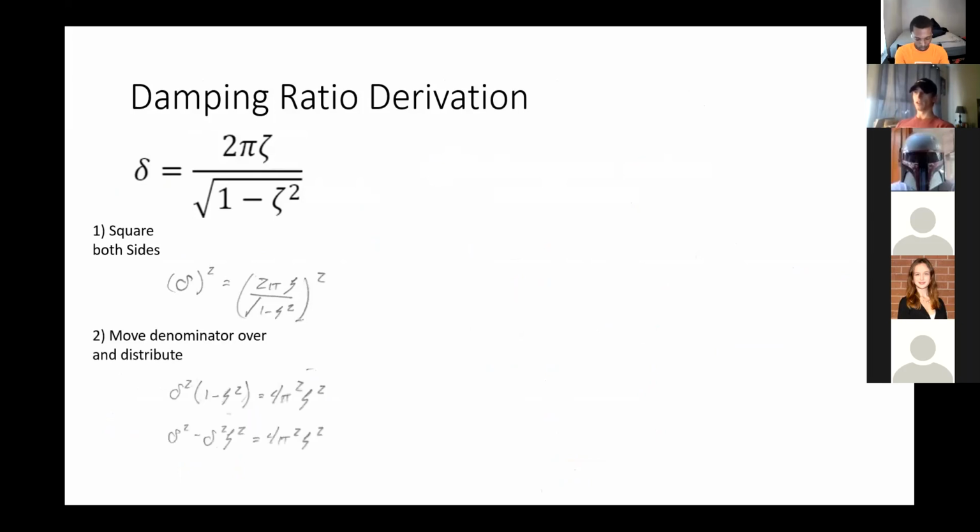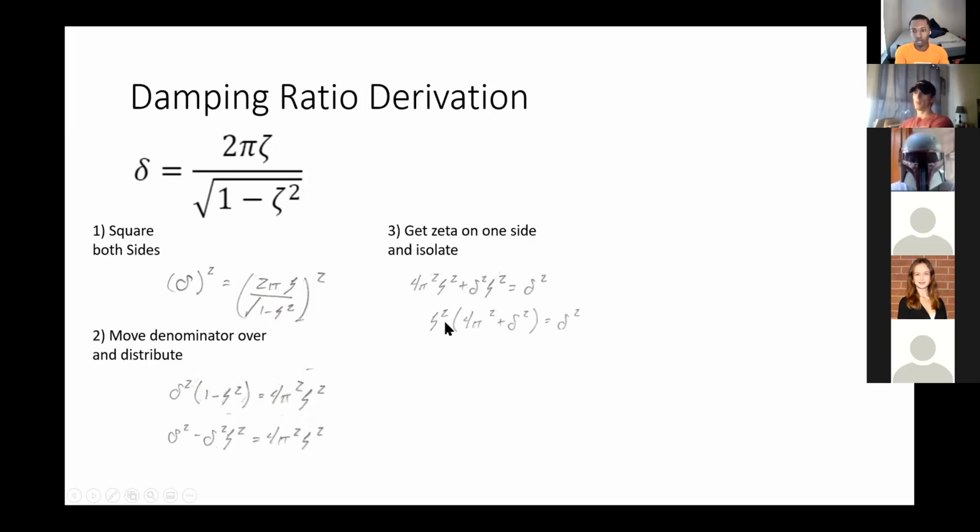Then we're going to move the denominator over and distribute, right? We're going to try to get zeta on one side and isolate it. So 4 pi squared zeta squared plus delta squared zeta squared equals delta squared.